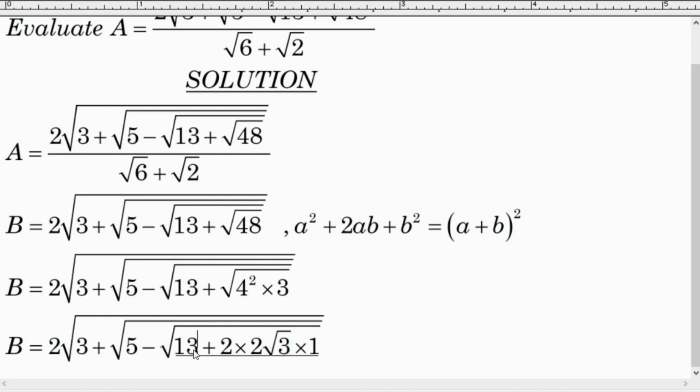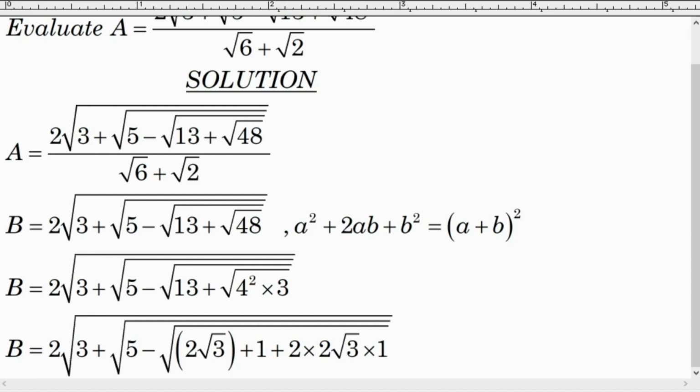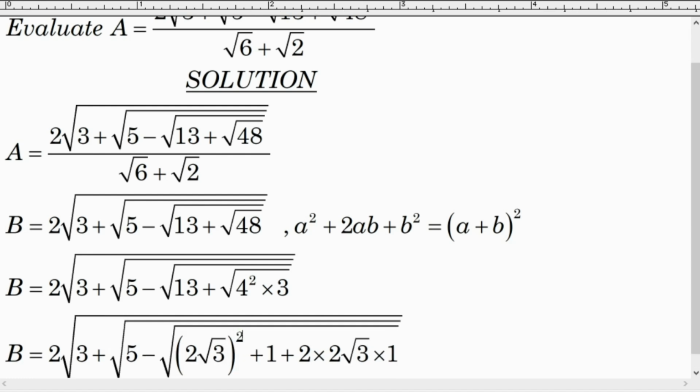Then what we need to do is separate 13 into a square plus b square. 13 can be written as 12 plus 1. Okay, 12 plus 1 equal to 13, and 12 is equal to 2 square root of 3 all raised to square.